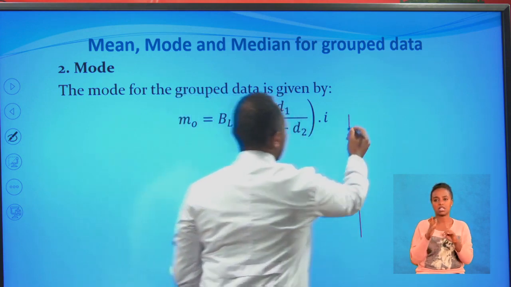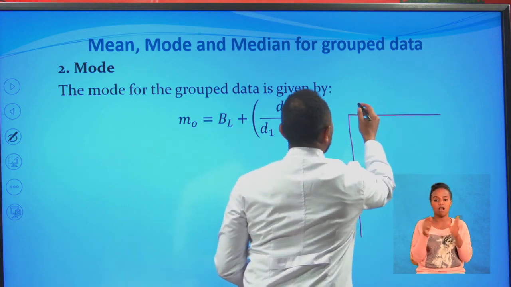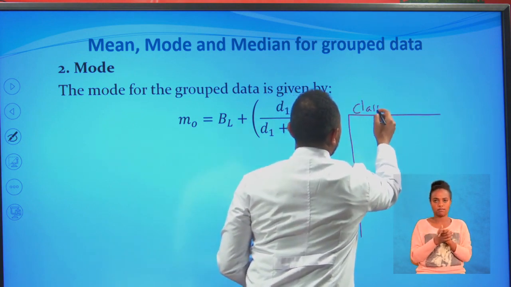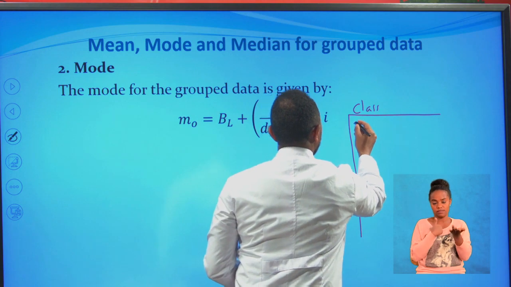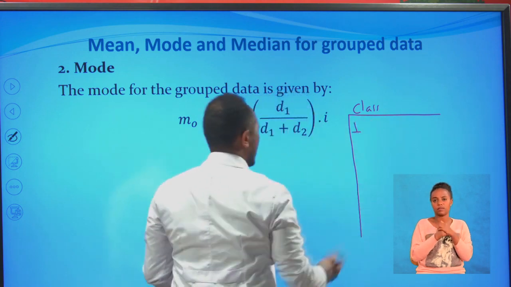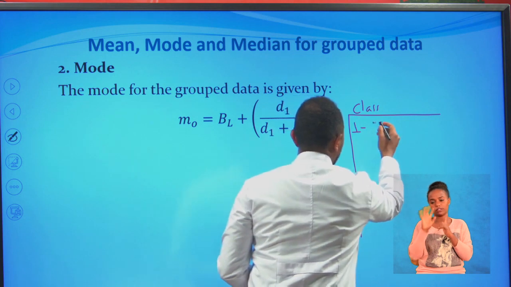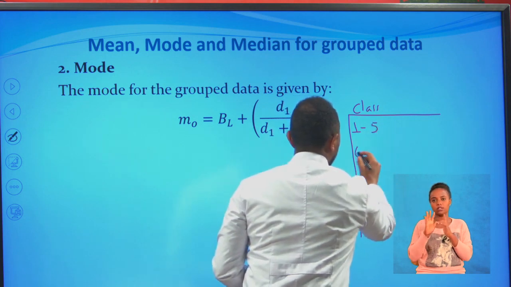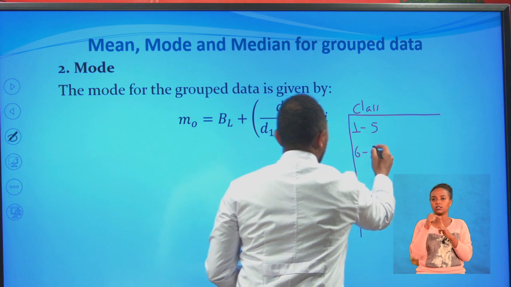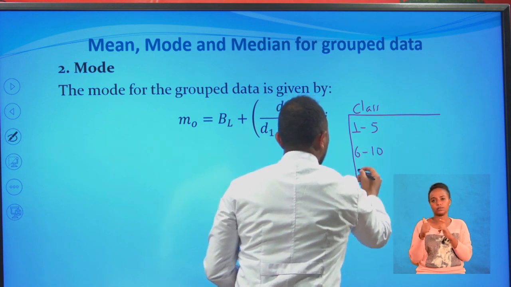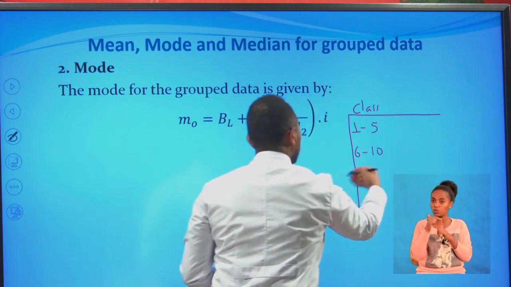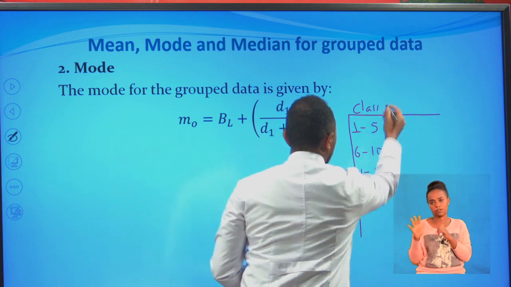Let's take this data set, group data. We have classes, assume 1 up to 5, 6 up to 10, 11 up to 15, and so on.